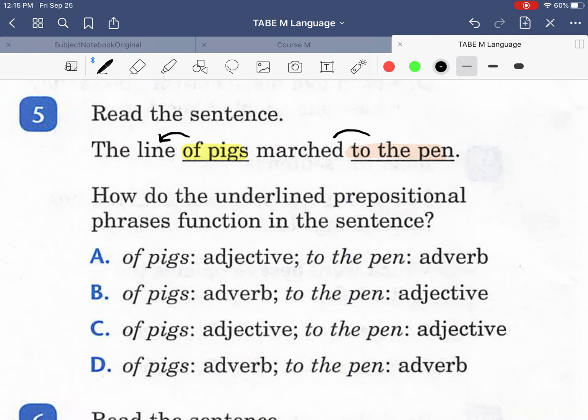This one is telling me where they marched. This is telling me what kind of line. How do the underlined prepositional phrases function in the sentence? Well, of pigs tells what kind, so that's an adjective.